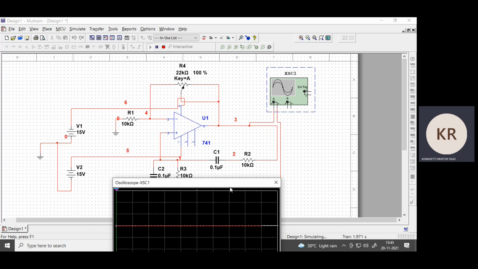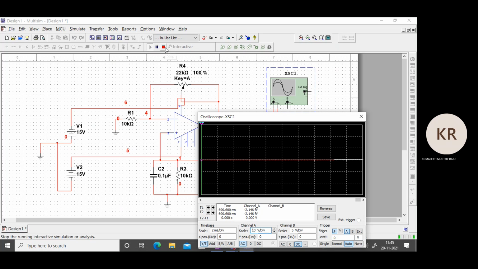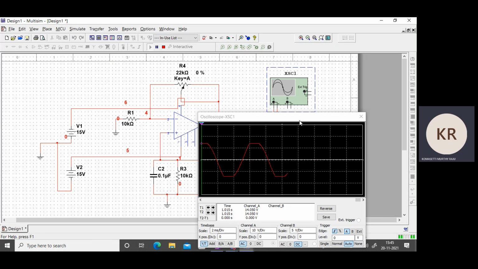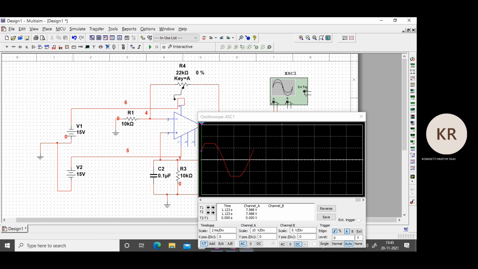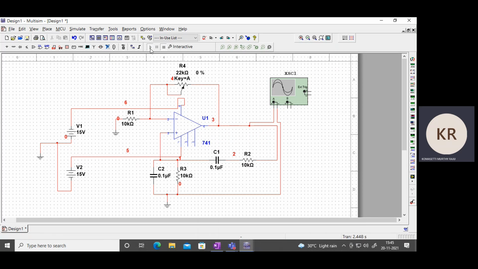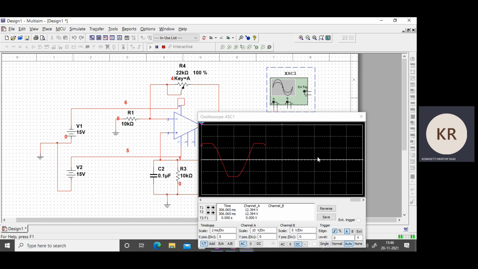Also, we will get some oscillations. The position it changes from shift to here. The position it changes. Okay. And now click now simulate. That value changes to 100%. We will get oscillations.